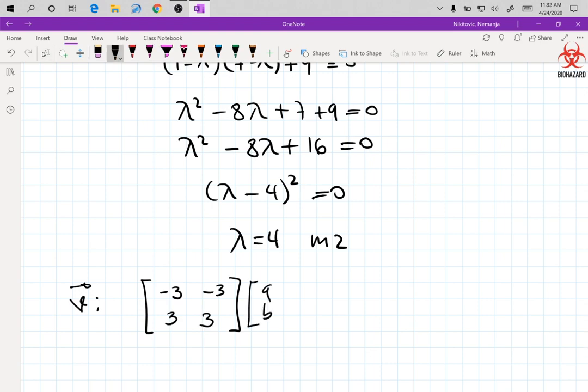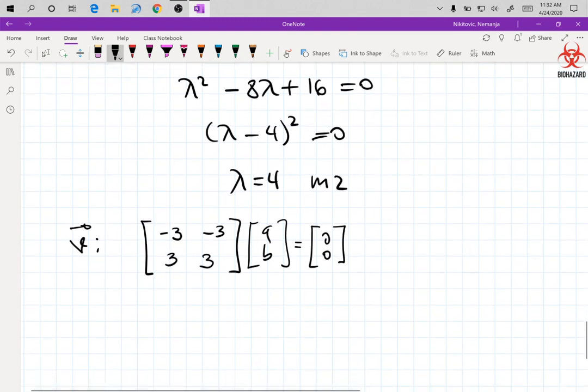Times A, B to give us 0, 0. So that's what we have. And now you can just pick any of these, because they're absolutely the same. They're linearly dependent. As you can see, the one is times negative 1, right? So we have 3a plus 3b equal to 0.